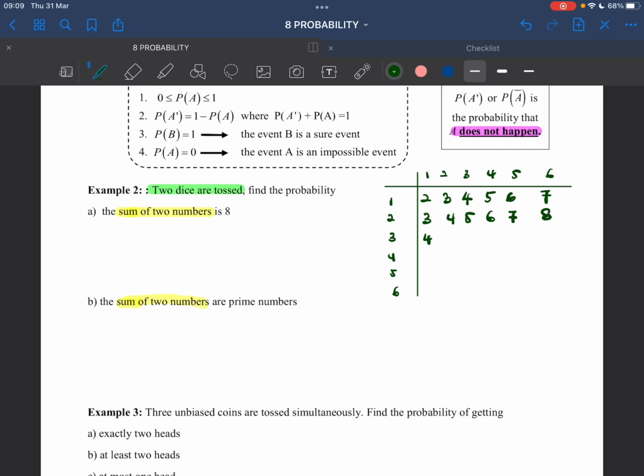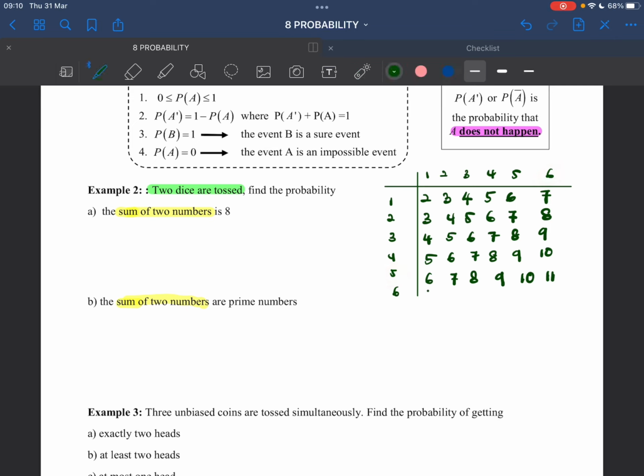Here we have 4, 5, 6, 7, 8, 9. Then 5, 6, 7, 8, 9, 10. Then 6, 7, 8, 9, 10, 11. Make sure you know what we are doing here. First toss is 5, second toss is 6, so we sum 5 and 6 and have 11.